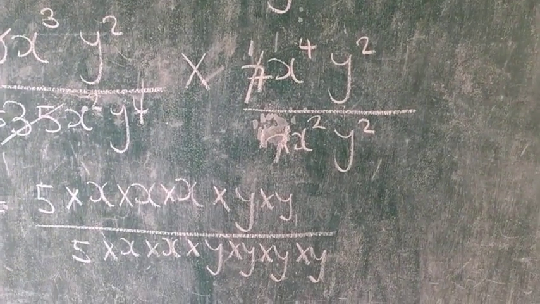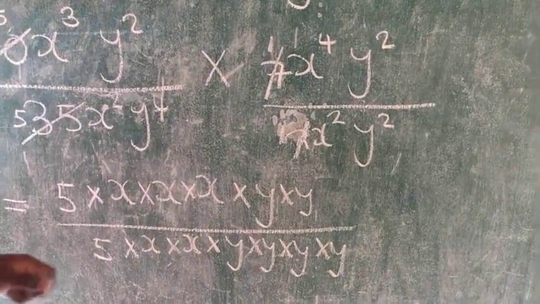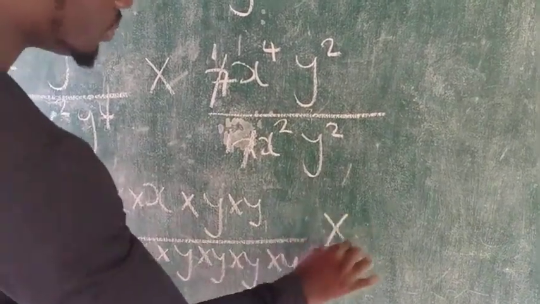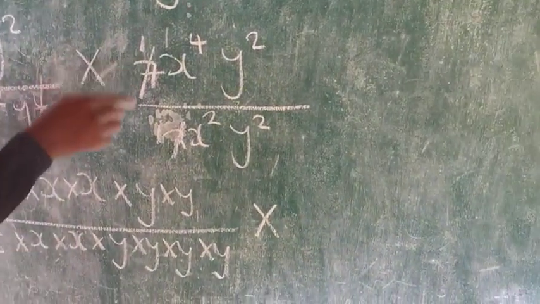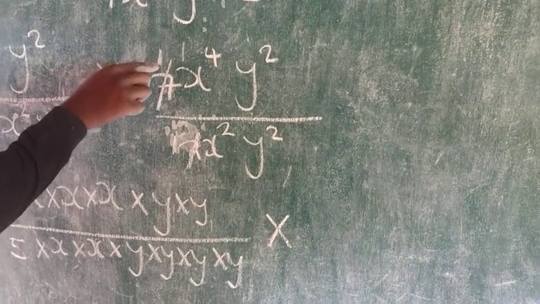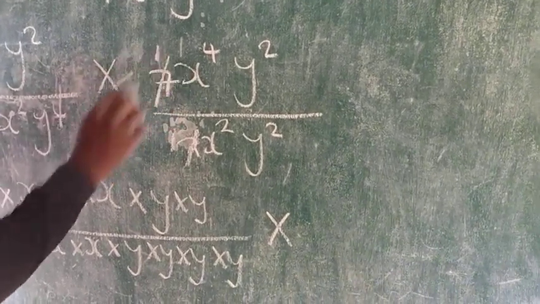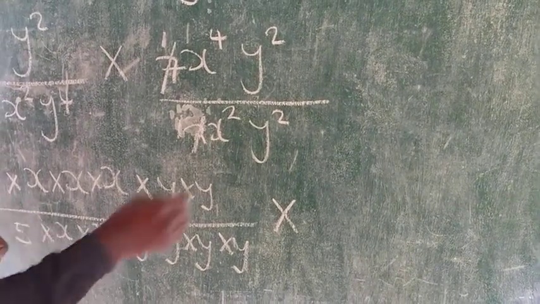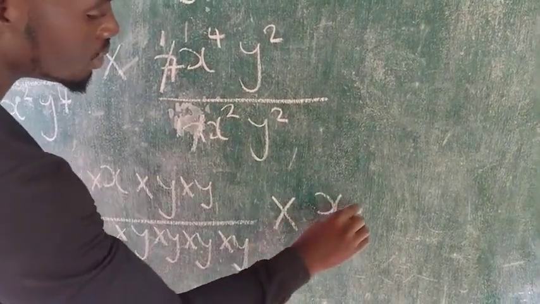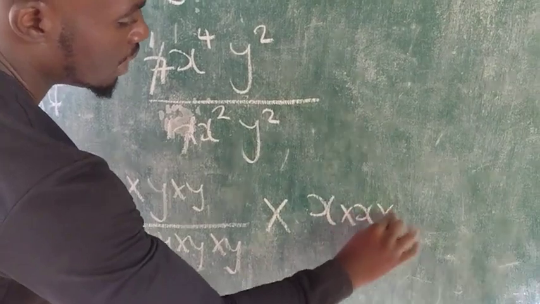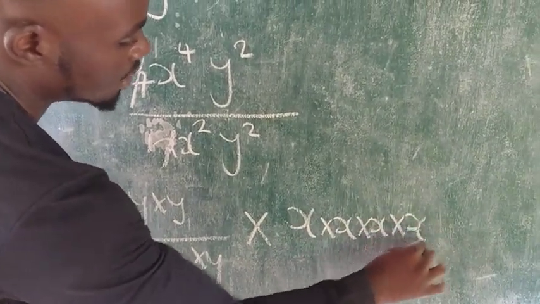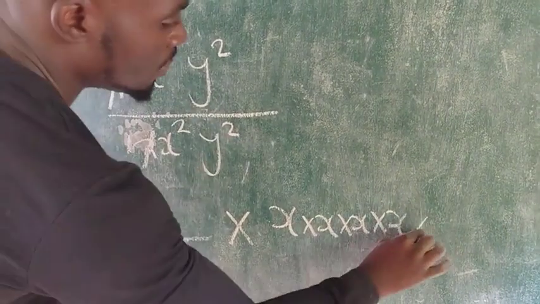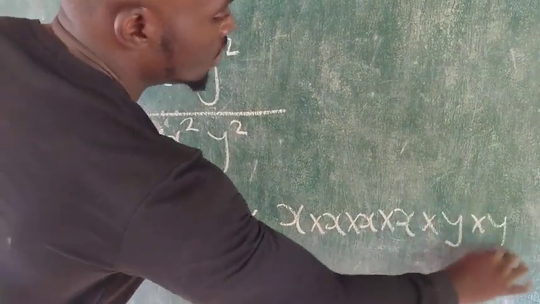I hope it's clear what you have done. Now let's look at the other fraction, times. Here we divided 7 into itself, which is 1. We remained with x to the power of 4, which means x was multiplied by itself 4 times, so I'll expand it: x times x times x times x, times y times y.